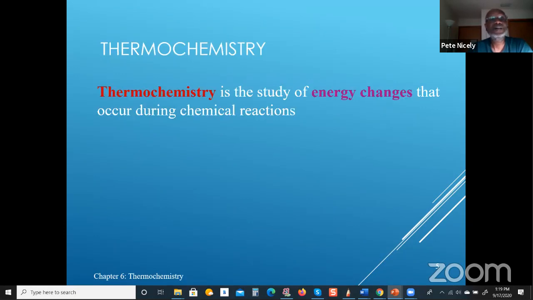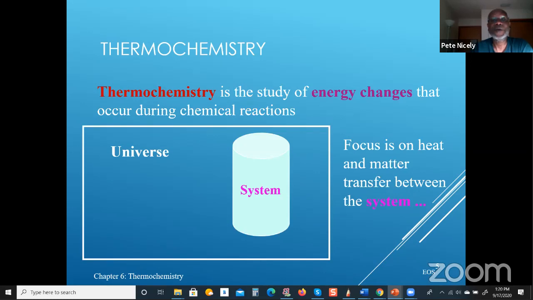Okay, so as we said before, thermochemistry is that area of chemistry which studies energy changes that occur during chemical reactions. And when we're talking about thermochemistry or thermodynamics, which we'll talk about in general chemistry 2, for those of you who have to do Chem 2, you need to make a distinction between what we call the system and the surroundings.